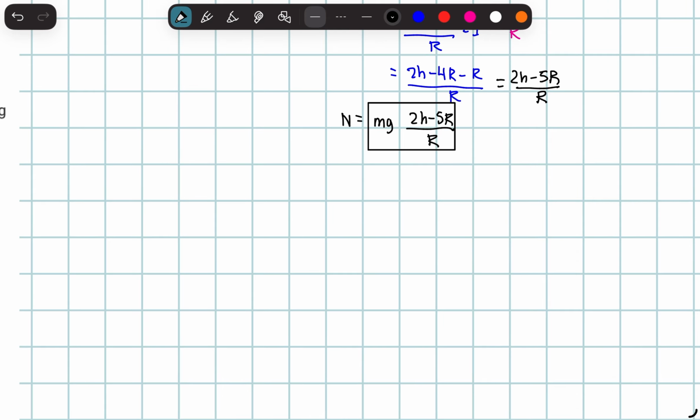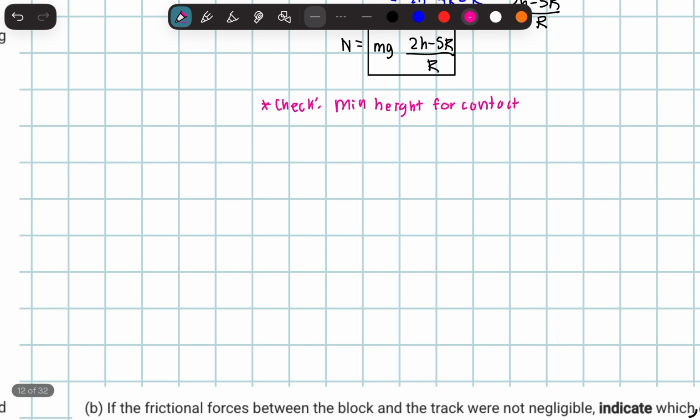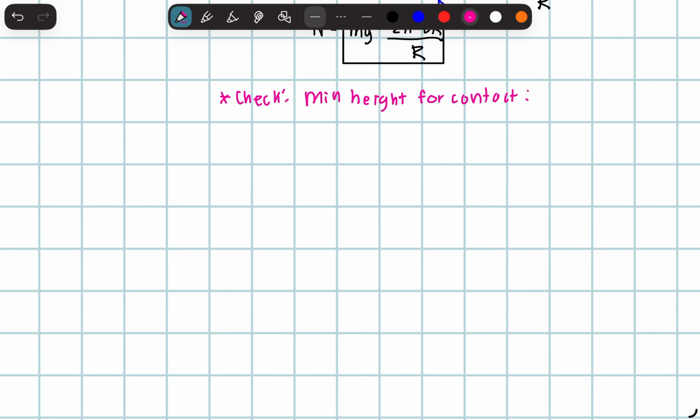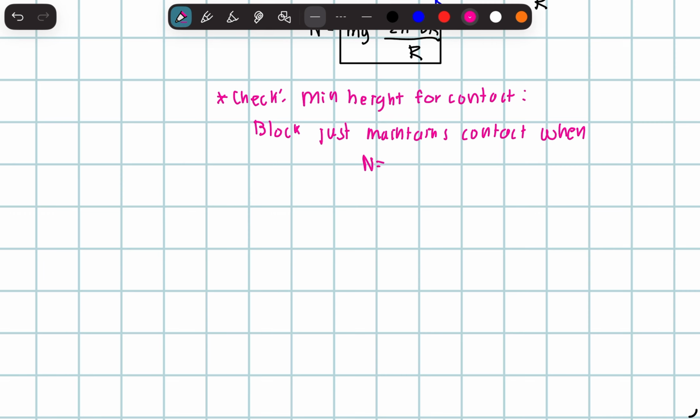And we can also check this. If you want to check this, we can use the minimum height for contact. We know that the block just maintains contact when normal is equal to 0.